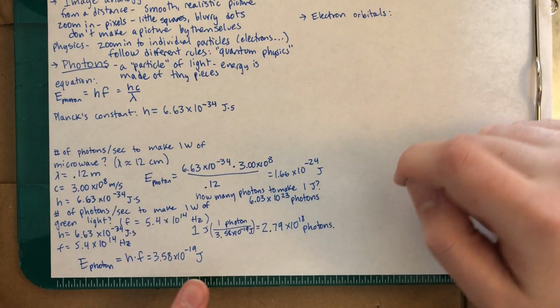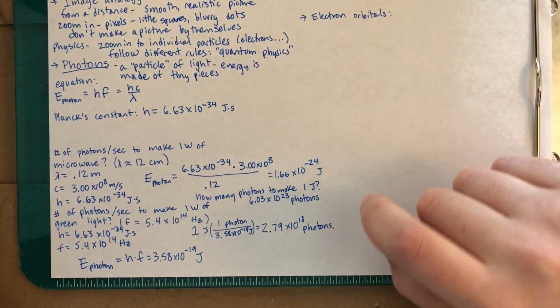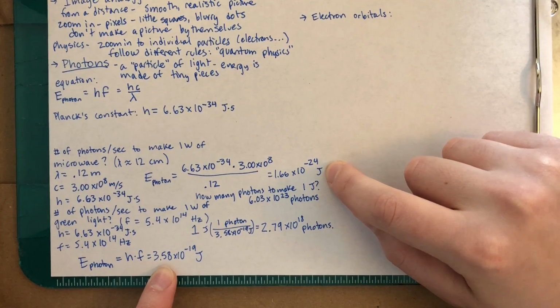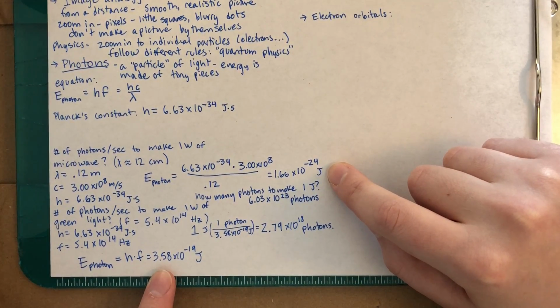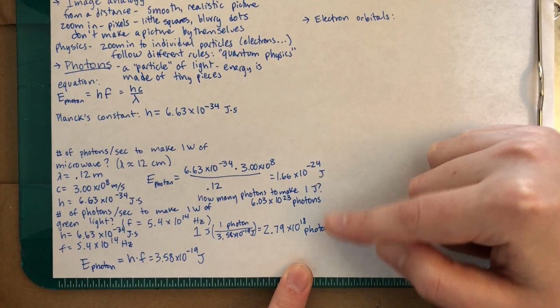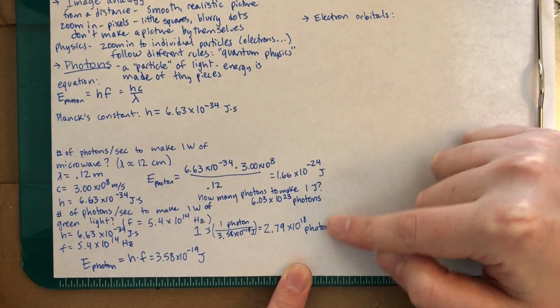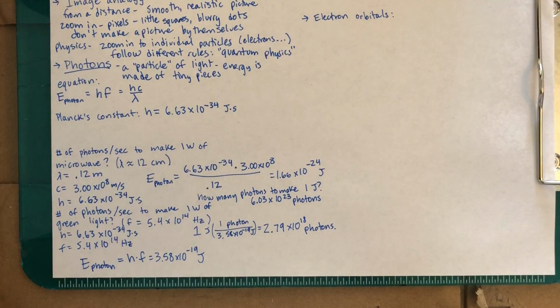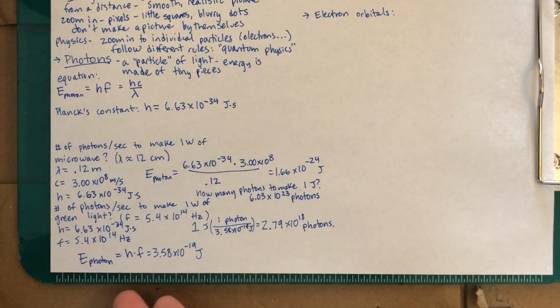Generally, when you're making an electromagnetic wave, you're making a wave that has a lot more than this amount of energy, and that wave is made up of tons and tons and tons of photons. So we have lots and lots and lots of very tiny amounts of energy making up those waves. And you could have a microwave source of energy that is putting out more power, more energy per second than a source of green light.